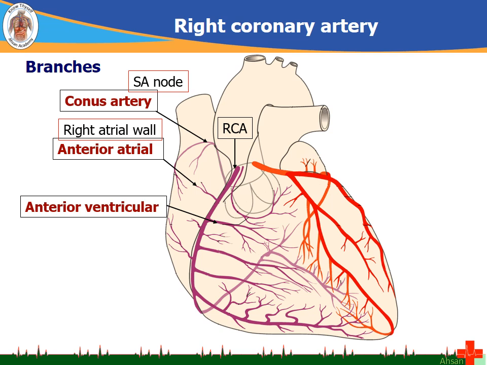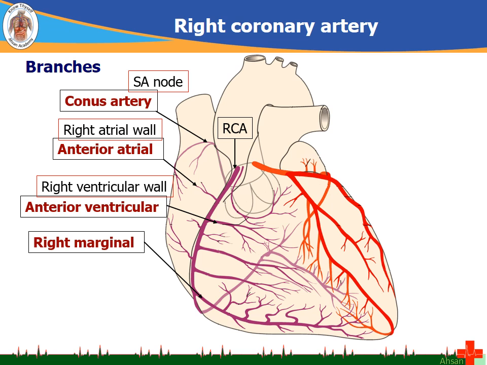In the opposite direction, the arteries spread over the anterior wall of the ventricle. These arteries are known as anterior ventricular arteries. So anterior atrial arteries are more than one. Similarly, anterior ventricular arteries are more than one.